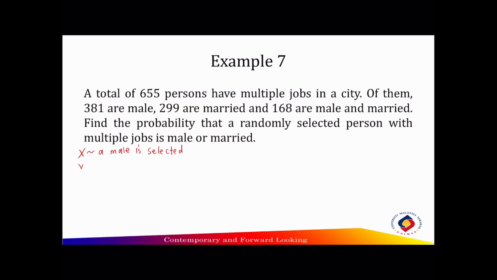And then I want to use Y for an event where a married person is selected.